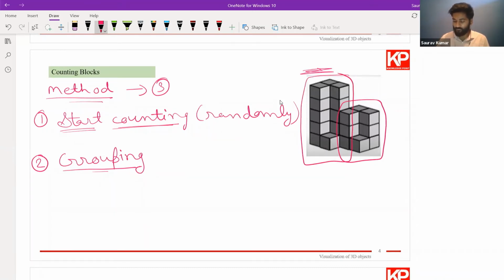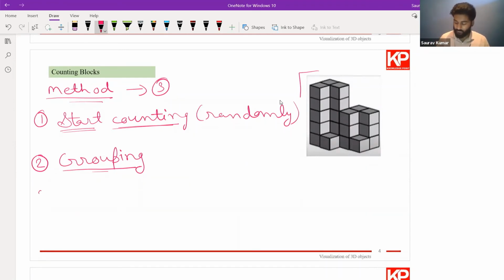So you count for the first group, let's say anything like 6, then you count for the other group, say 7, you add them. If you have some more groups, you count for the number of cubes in that group also. And this way you give your answer. So this was a method of grouping in which you simply break down any complex arrangement into smaller groups, and then your task is simply counting in those smaller groups.